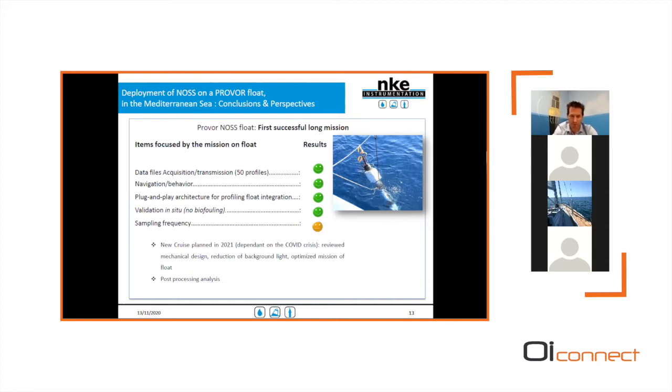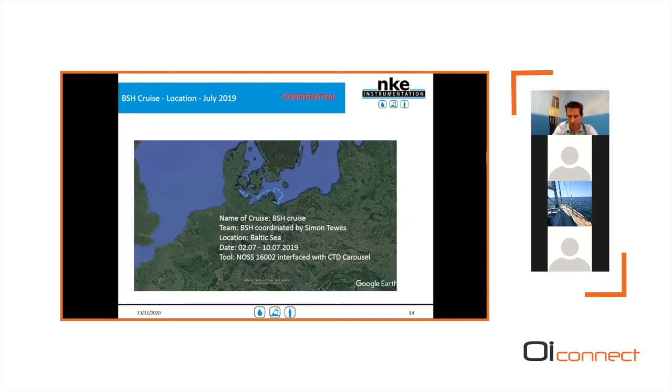And the second point concerns the post-processing analysis. Some confidential information about another campaign that we performed with the node sensor. So it was in 2019 with a team coordinated by Simon Tiwis. So we deployed the node sensor on a carousel CTD in the Baltic Sea.